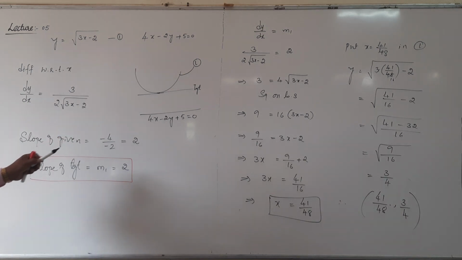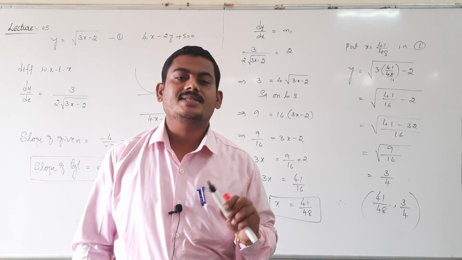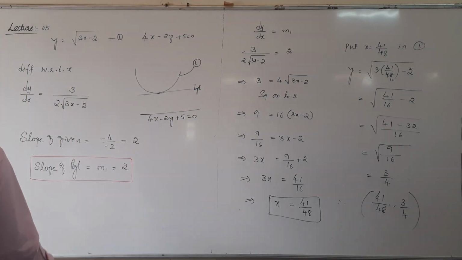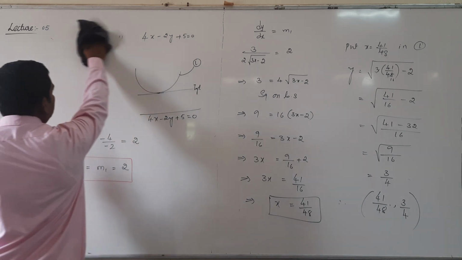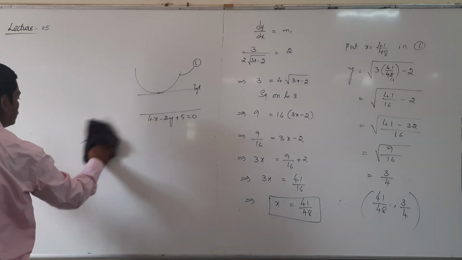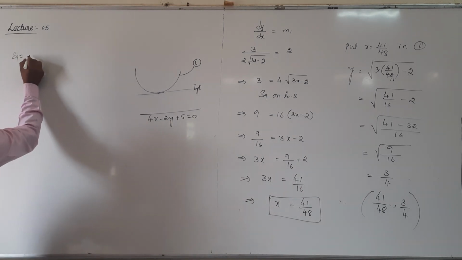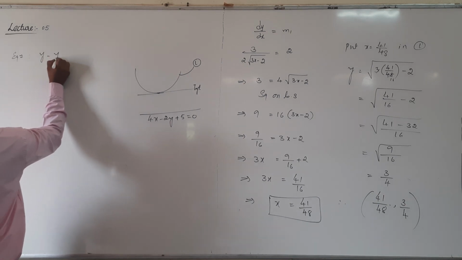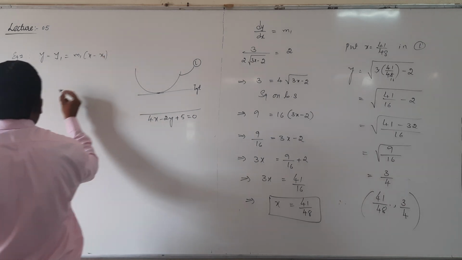After getting the point and slope, write the equation of the tangent line. Now I will write the equation of the tangent. Equation: y minus y1 is equal to m1 into x minus x1.